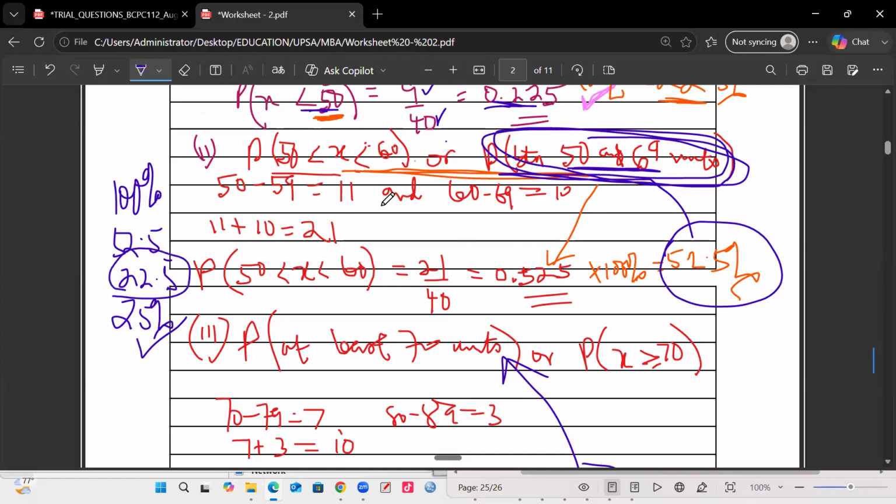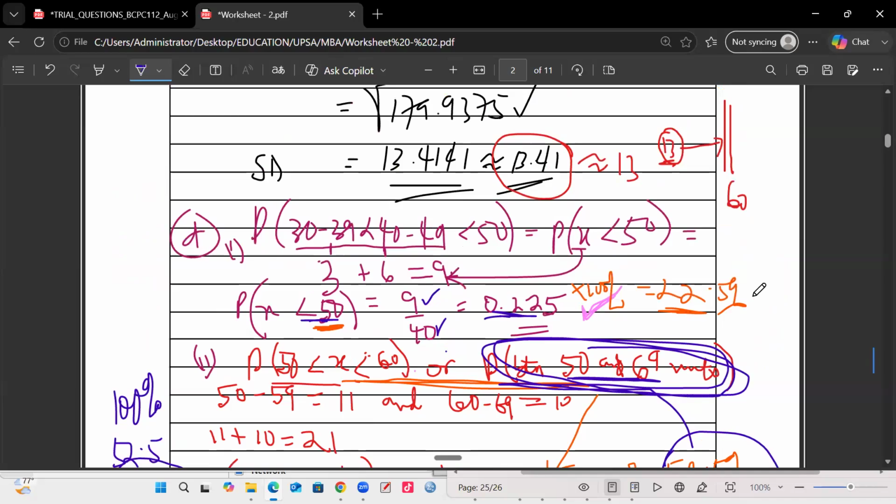So again, with the interpretation, the 22.5% of workers produced below 50 units, which was the lowest.